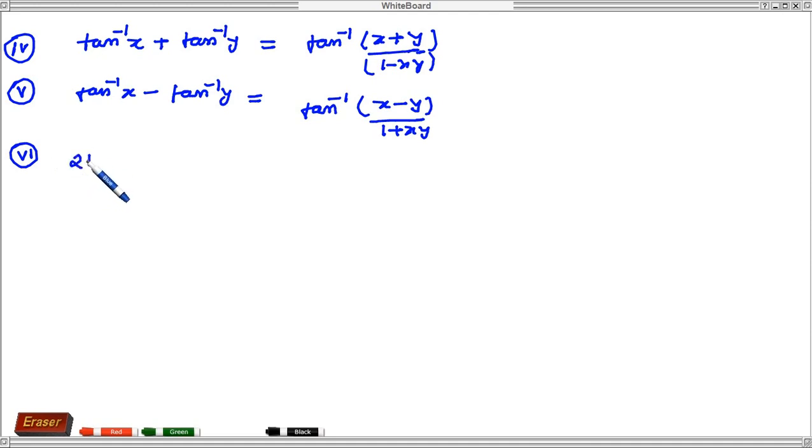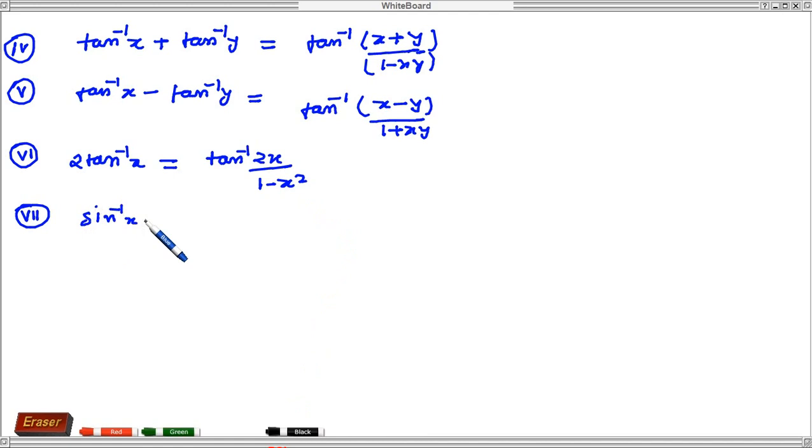Similarly, the sixth formula is 2 tan inverse x equals tan inverse of 2x by 1 minus x square.